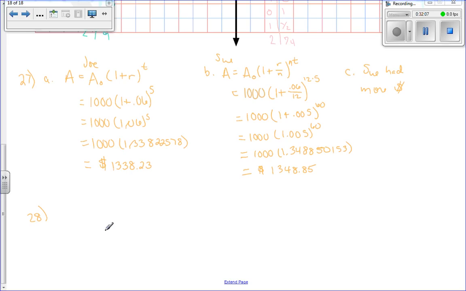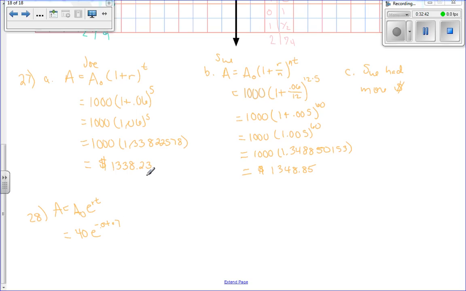Well, whenever we're talking about decay, that's a continuous action, so we need to use A equals A sub 0 e to the rt. I'm starting out with 40 grams, that's my initial value. And my rate is negative 0.04. And my time is 7 days.